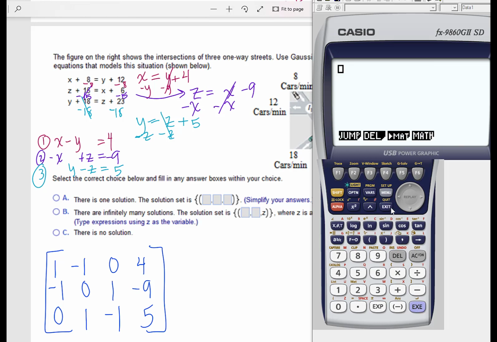Let's exit out. Go ahead and press Option. F2 for matrix, F6 for more options, and then F5 for RREF. Shift 2 for matrix, and Alpha A. Okay, so look at that last row. We have 0 equals 0.